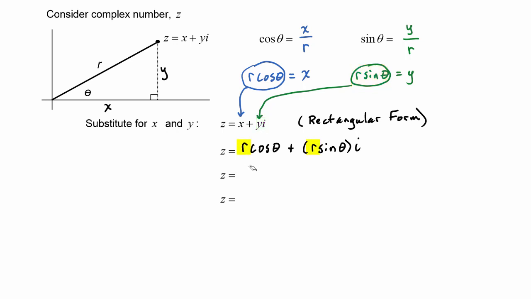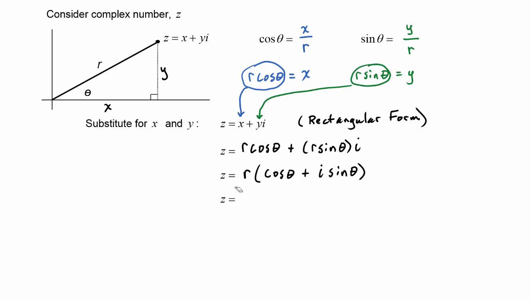Now we notice that each of these terms has an r, so let's factor that out. And we have r times the cosine of theta plus i sine of theta. For clarity, I want to put the i in front of the sine of theta so you don't accidentally think that the i is part of the argument of the sine function.